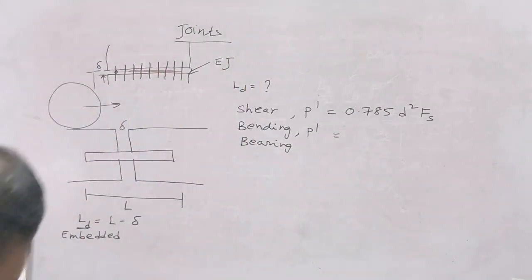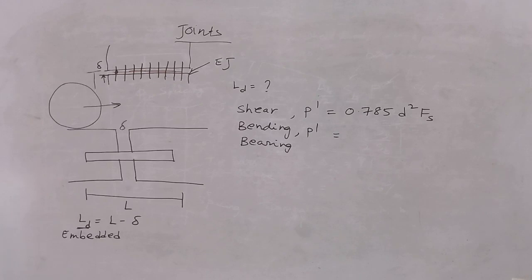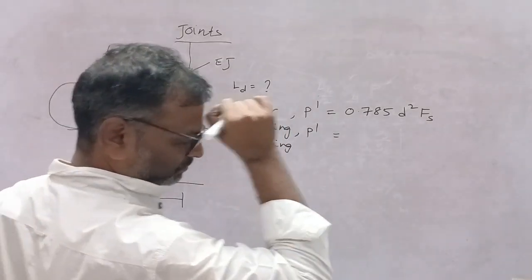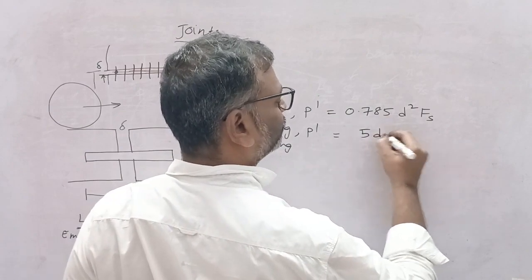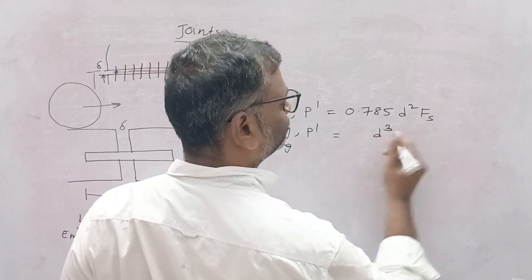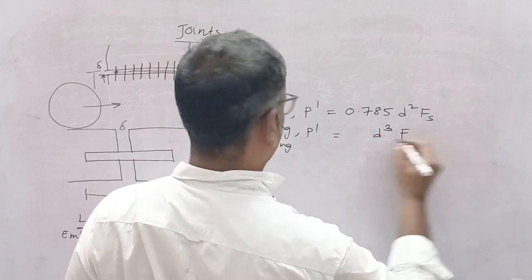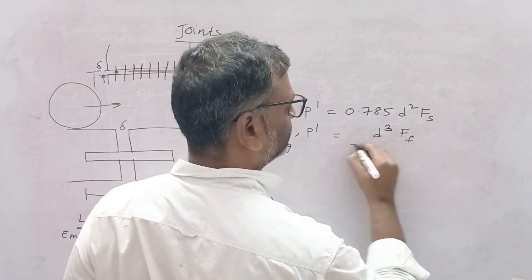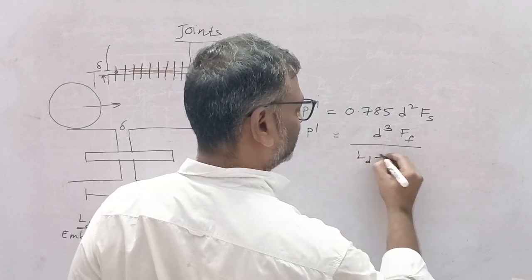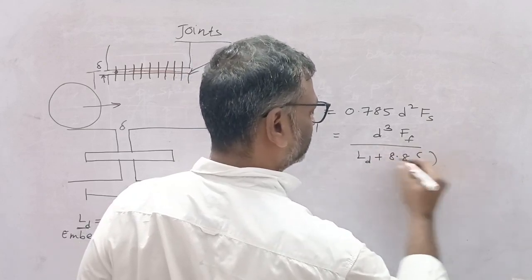Similarly, for bending we have 5 d cube F bending, which you can also call flexure, divided by Ld plus 8.8 delta.